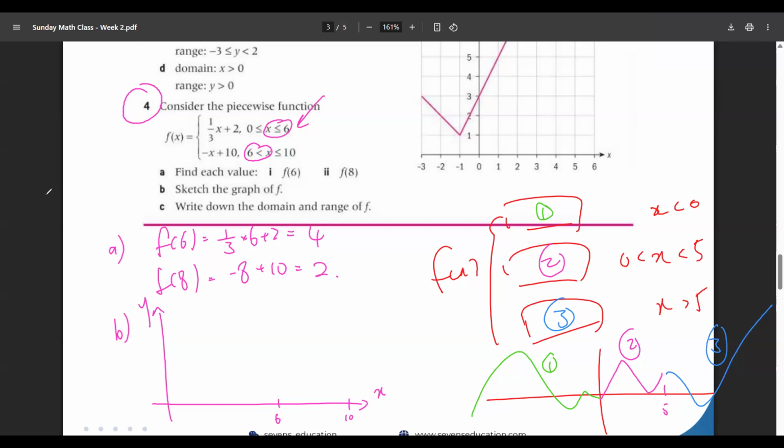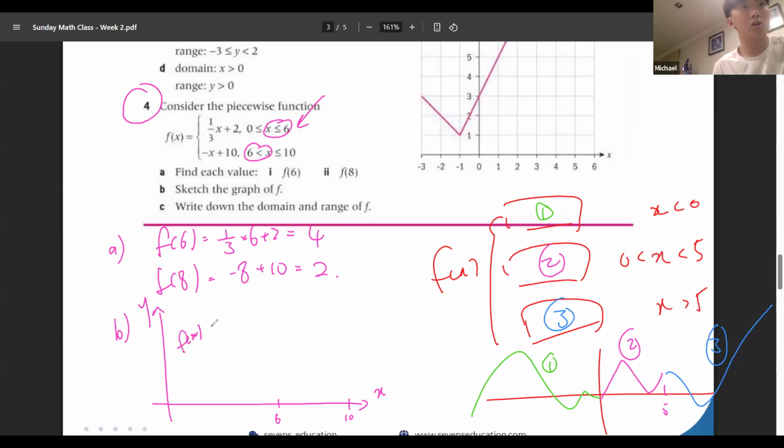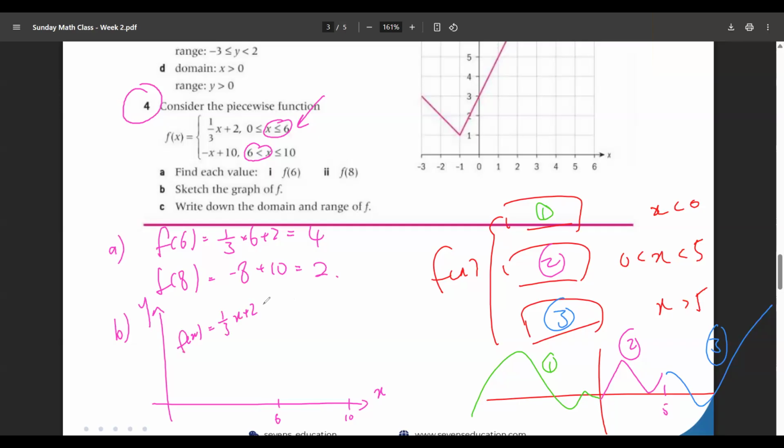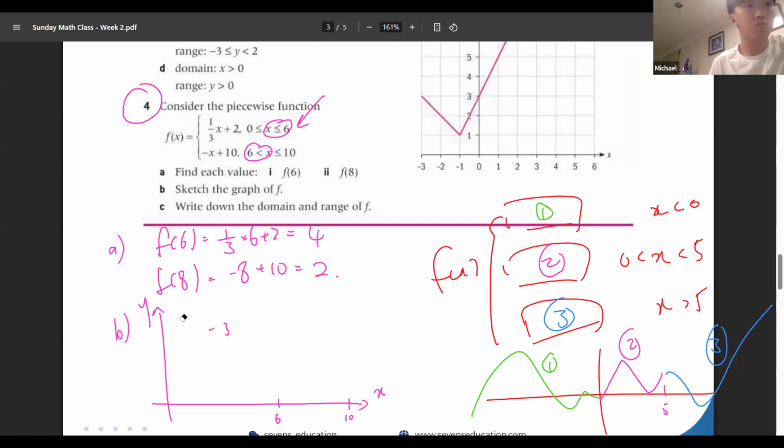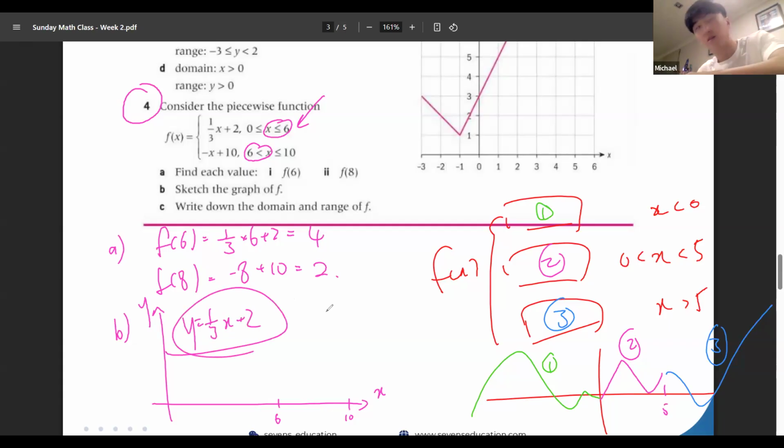Yeah, just plot y equals a third x plus 2. Well, but I don't understand how you do it if you don't have anything to go off of. Okay, just plot y equals a third x plus 2. Just plot this.